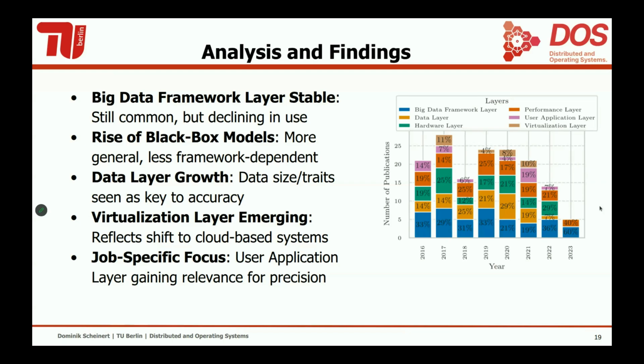And what we can see is, yes, the big data framework layer is quite stable, is used in many approaches also over the years. So there's not that much of a big shift, but it's slightly declining in recent years. And we see, on the other hand, the rise of layers that foster black box models.